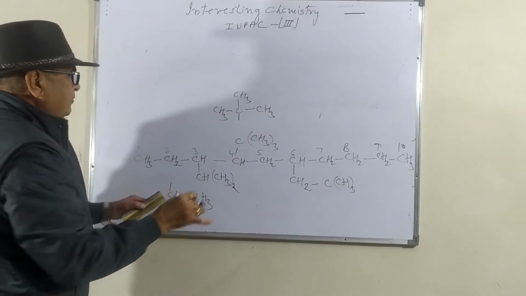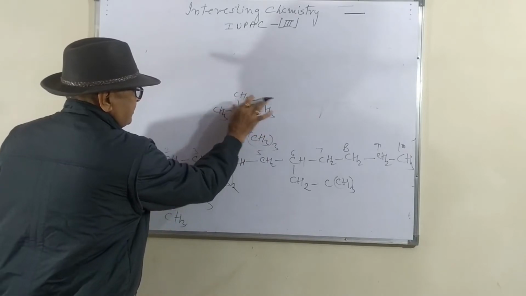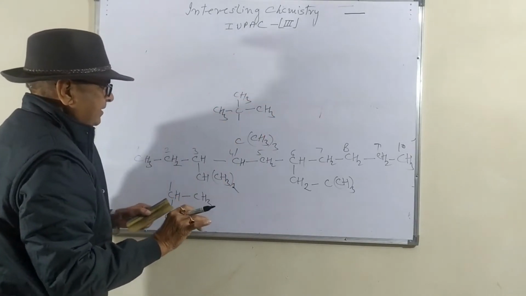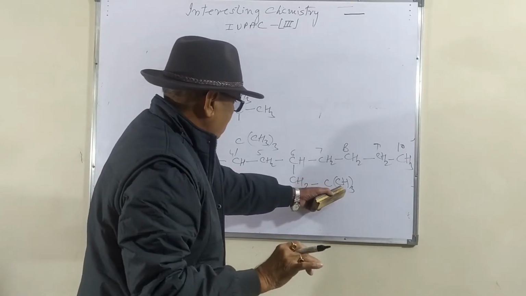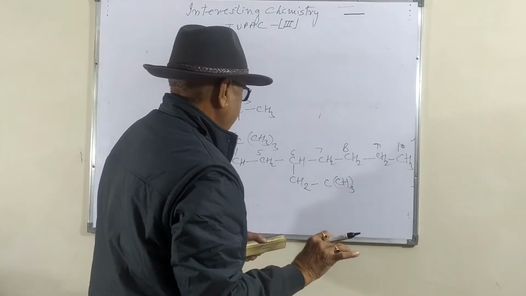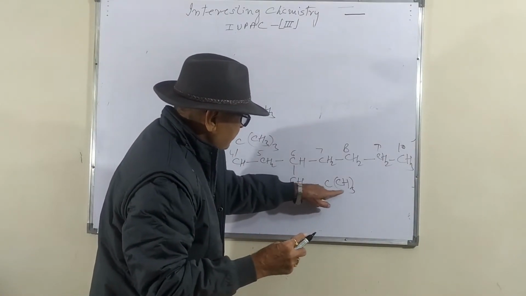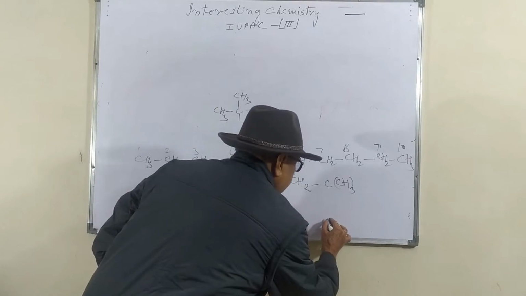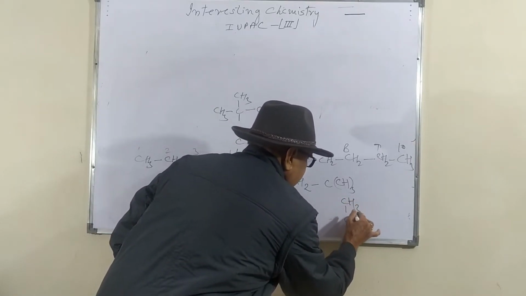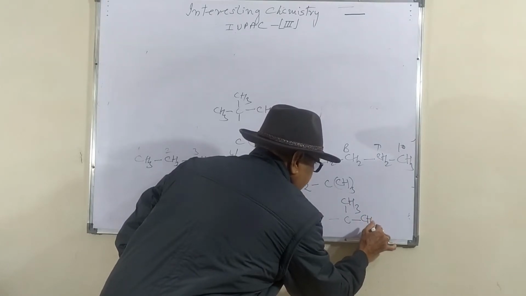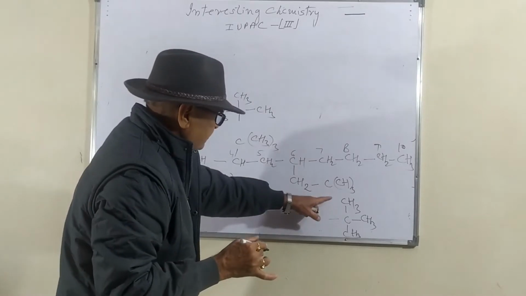This is the structure of this substituent group, CH3, CH3. Again, this has 2 CH3. You will write this CH2, CH3, CH3, C and CH3, CH3 and CH3. So you write in this form.